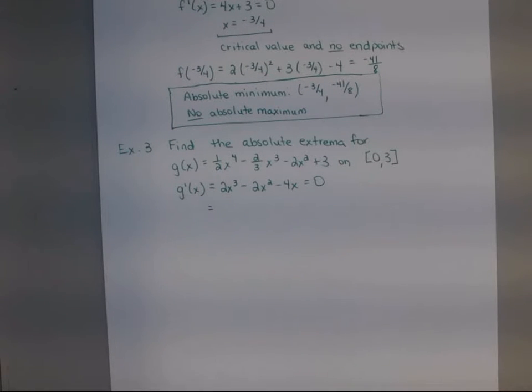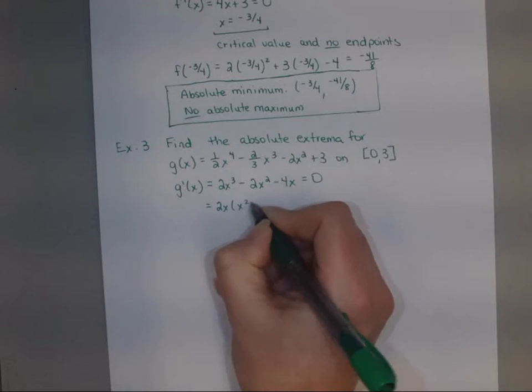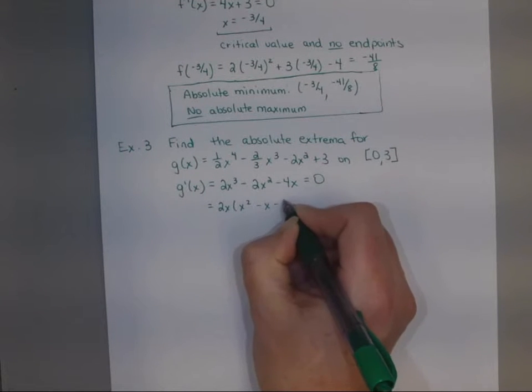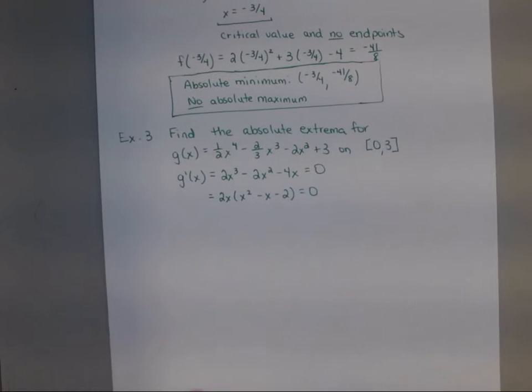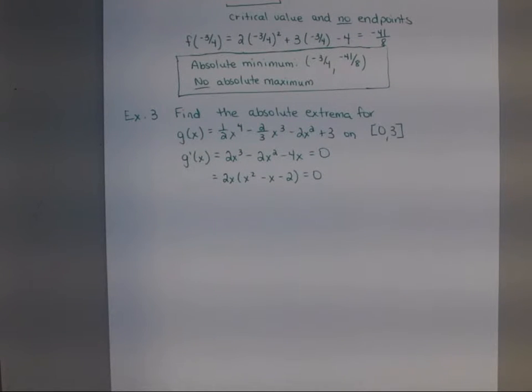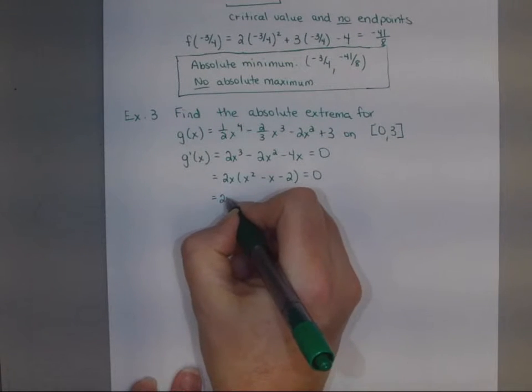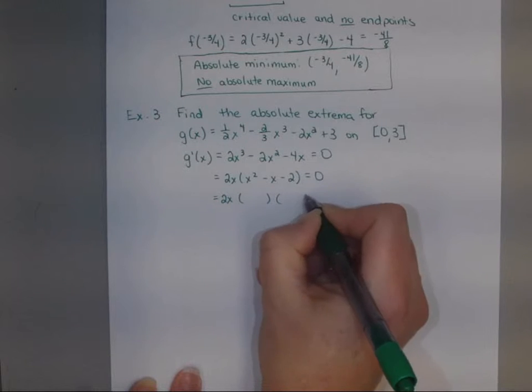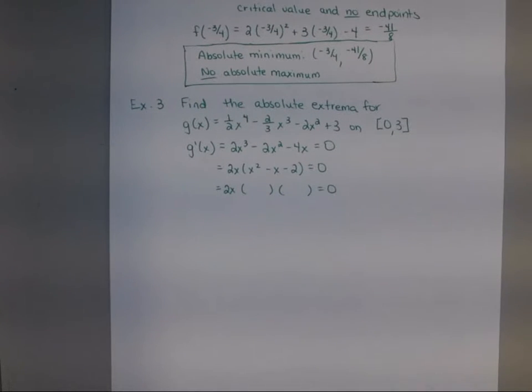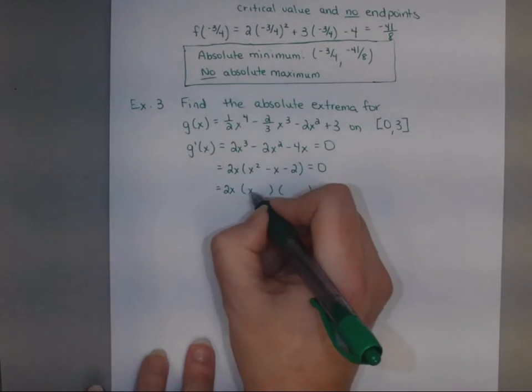So, pull out anything they have in common, because they do have some stuff, right? What do they have in common? 2x. And then we'll get x squared minus x minus 2. Let's finish factoring it first. What are the factors of negative 2 that add up to negative 1?